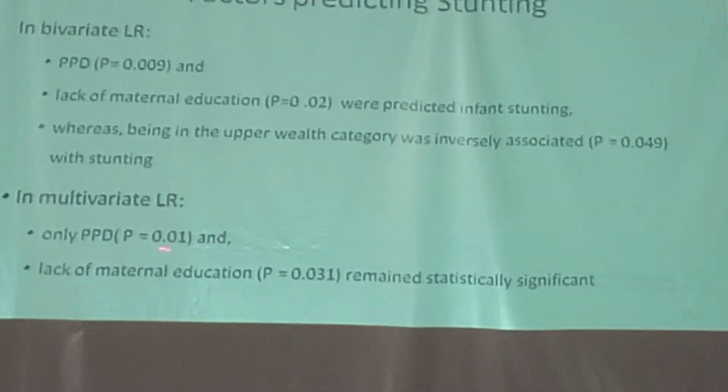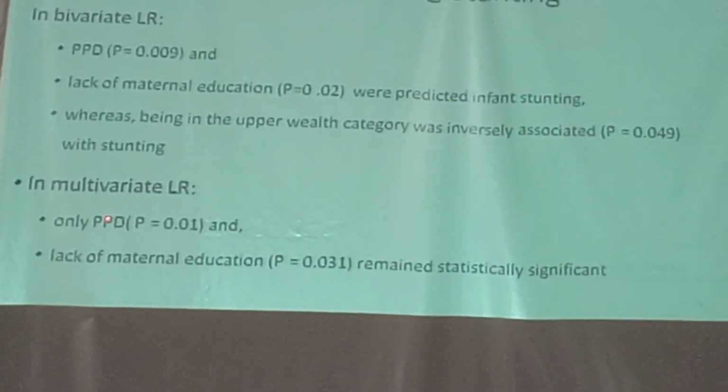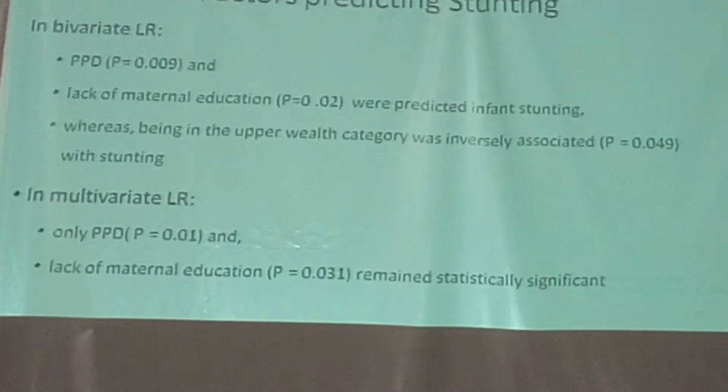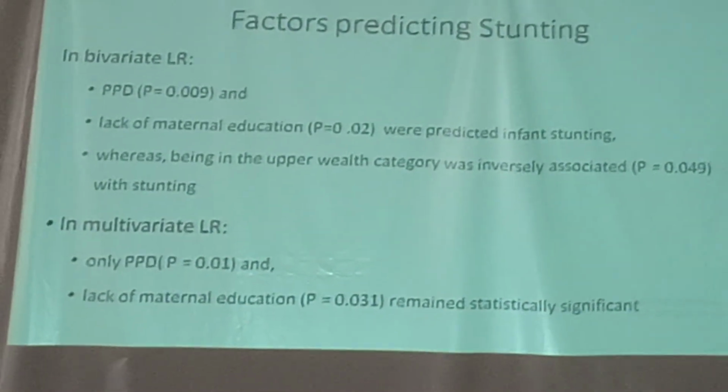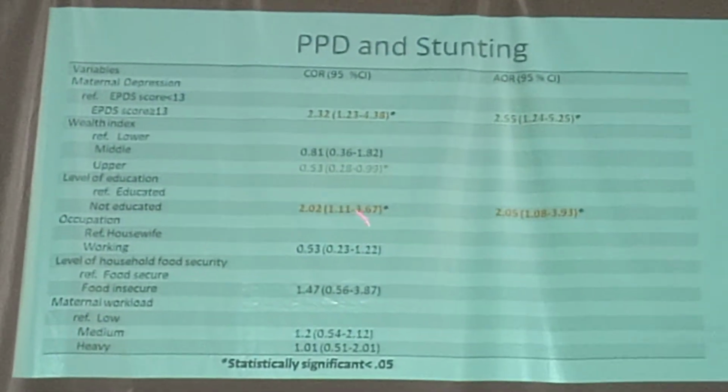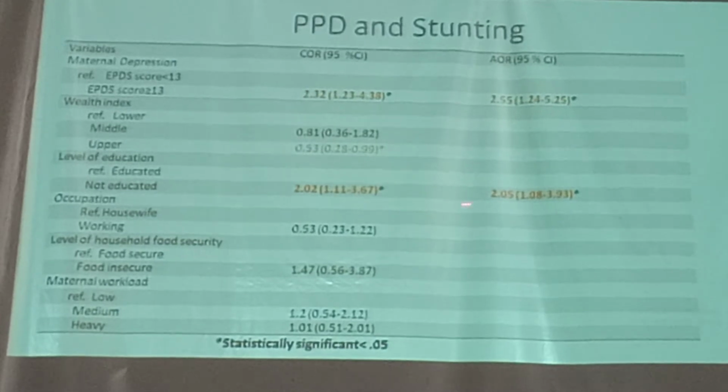In multivariate logistic regression, only postpartum depression and lack of maternal education remained statistically significant with child stunting. This is a table that I have already mentioned in the form of narration.